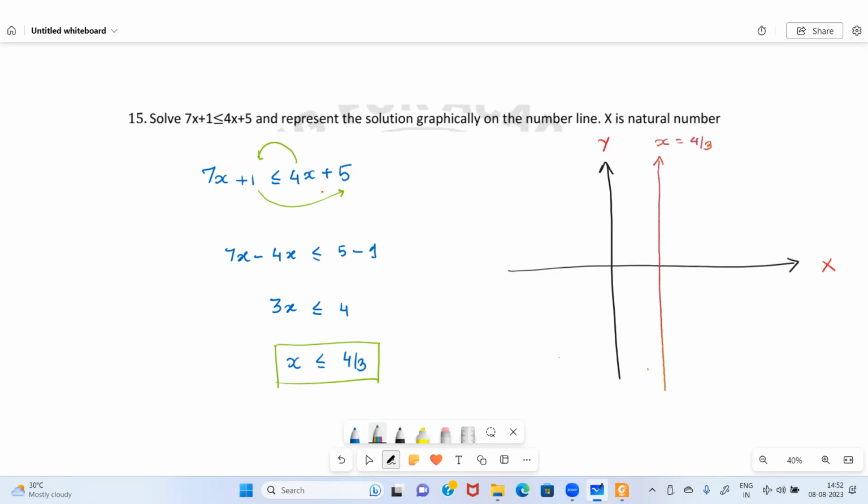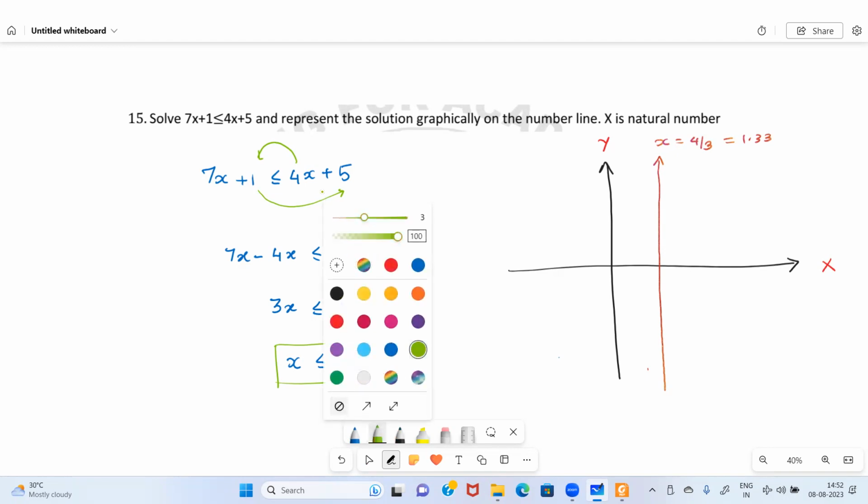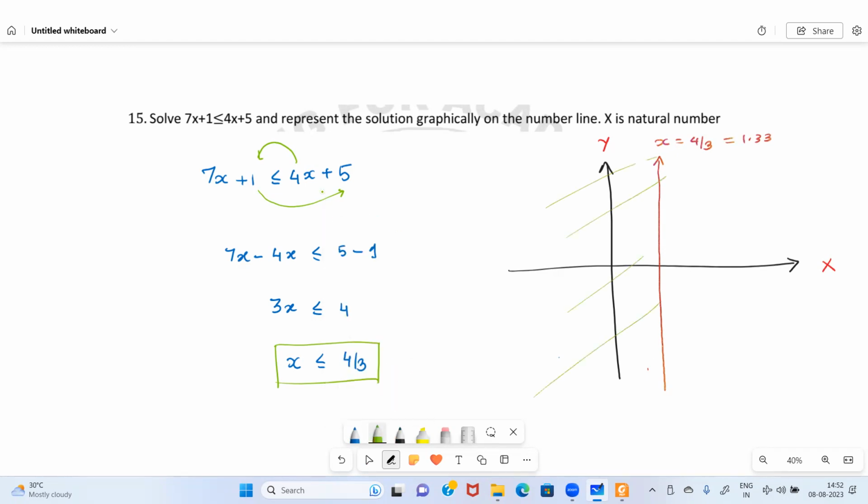Right, students? So now, x has to be less than or equal to 4 by 3, which is nothing but 1.33, right? Which means we are looking for an answer to the left of this line, correct or not? But what happens is, left of this axis, x is equal to 4 by 3, and so on.